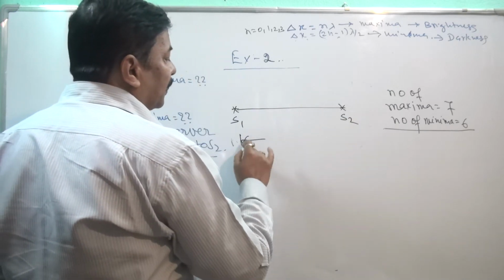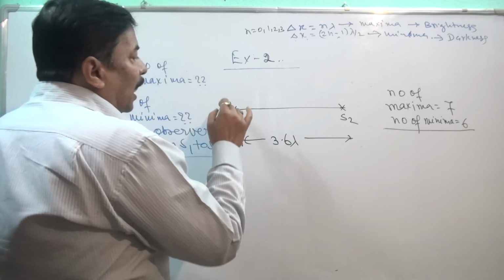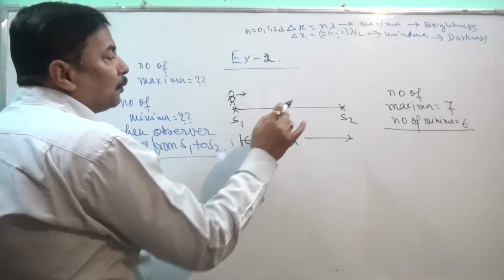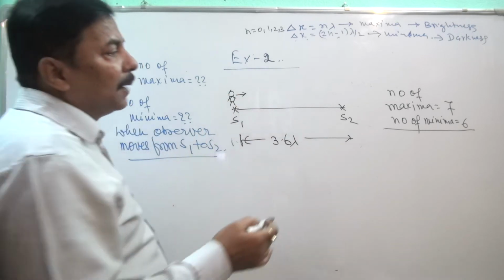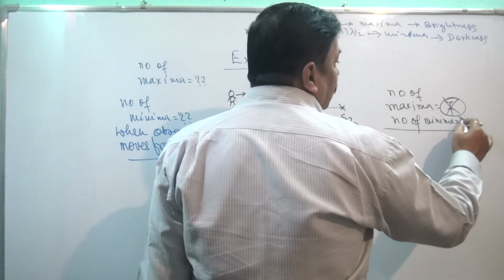Now this time I am considering it to be 3.6 lambda, and the same observer is moving from S1 to S2, and you have to find the number of maxima. Now this was the previous one.